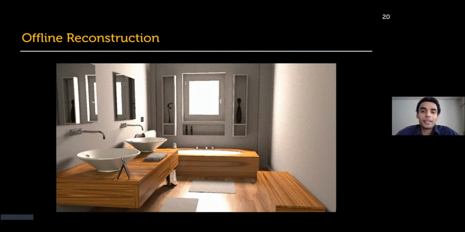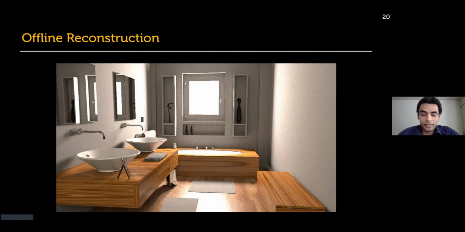Denoising is a set of techniques that take the noisy path traced image and approximate the converged image as closely as possible. It is considered an offline problem. This example uses 256 samples per pixel, and the differences between the path traced image and the denoised result are subtle but important.